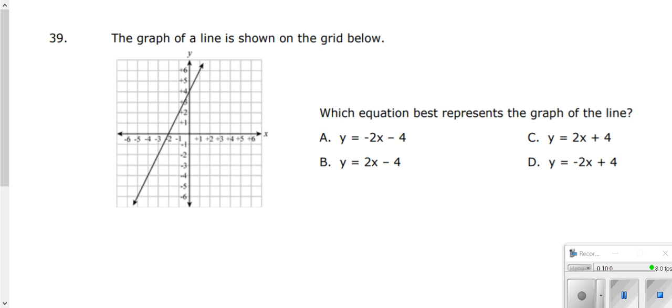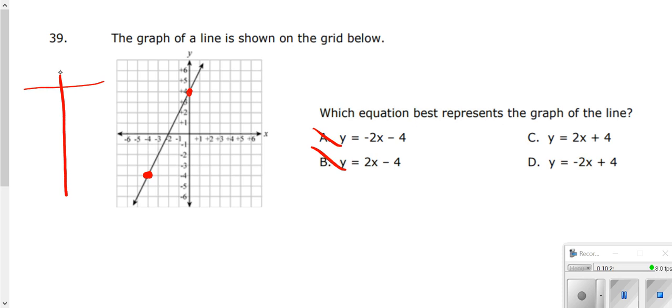Number 39, the graph of a line is shown on the grid. Which equation best represents the graph of the line? First I can see that my y-intercept is located at 4. So my answer has to be C or D. And then if I find another point on my line, I can find the slope of my line.